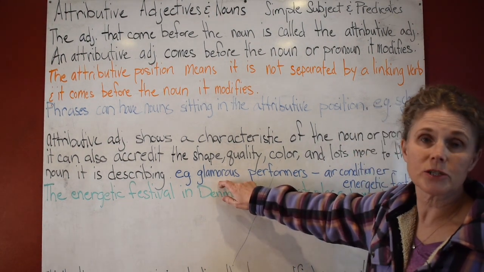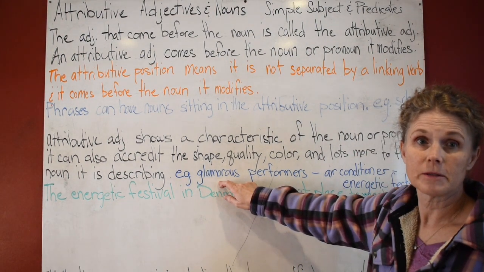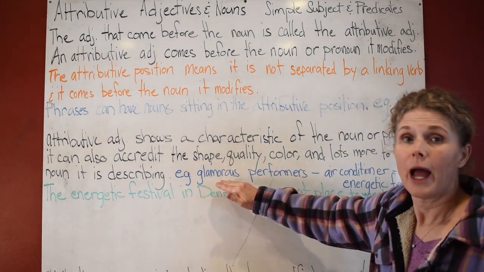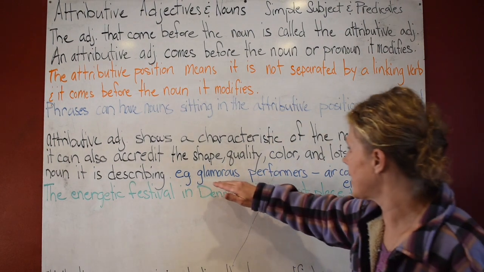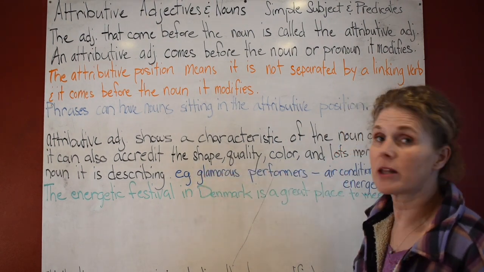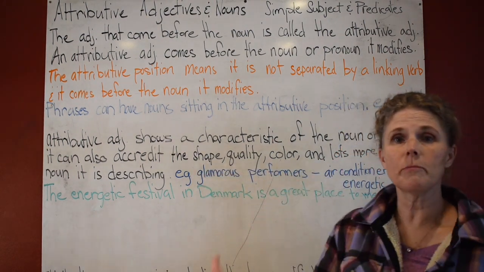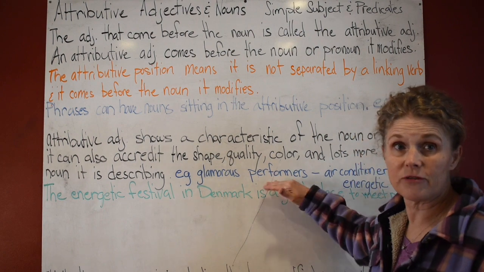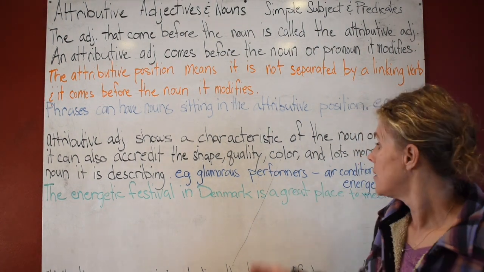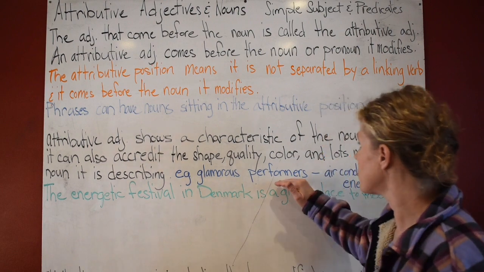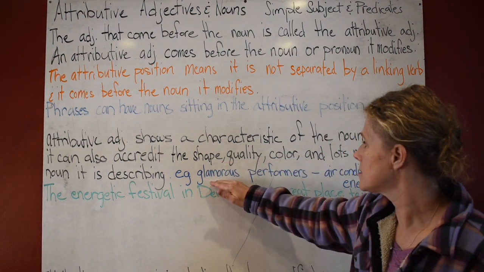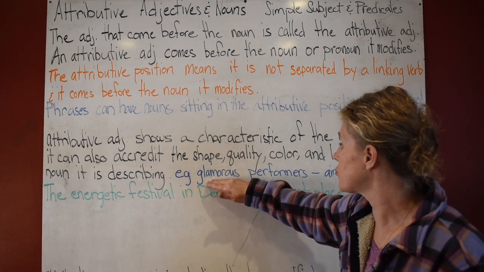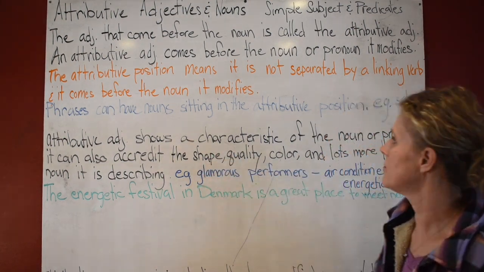Is glamorous an attributive adjective? It is. How do we know that? Because we can take glamorous off and still make sense if we just have performers. This is just telling us more about our noun. What kind of noun is it? So this is an attributive adjective.